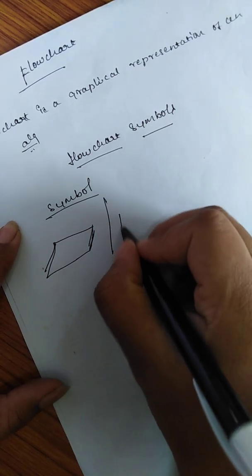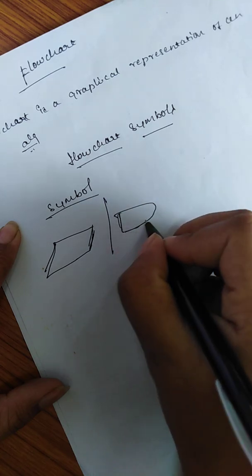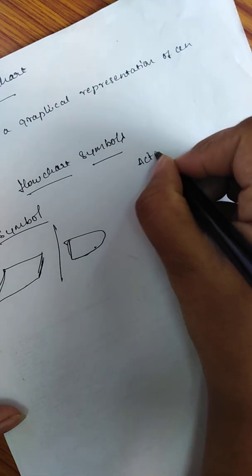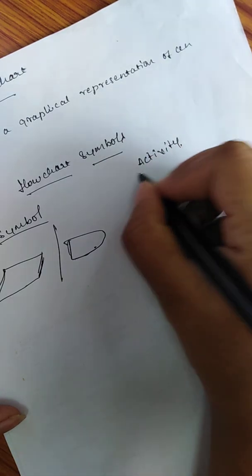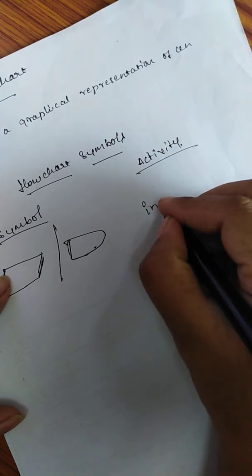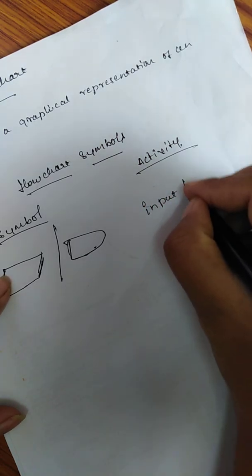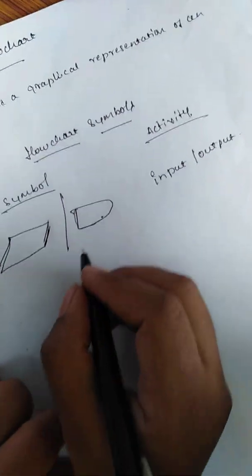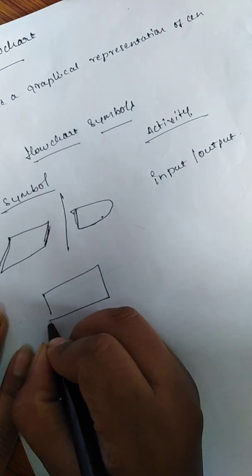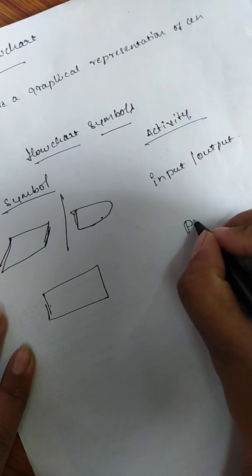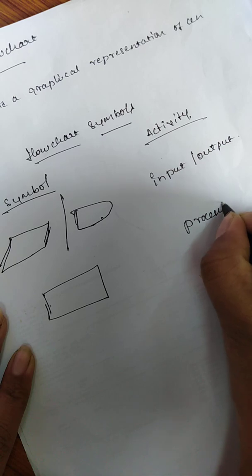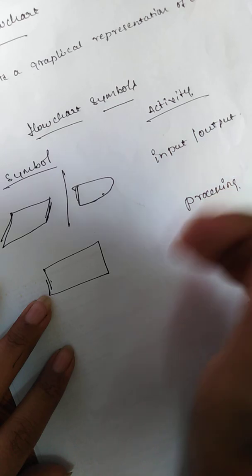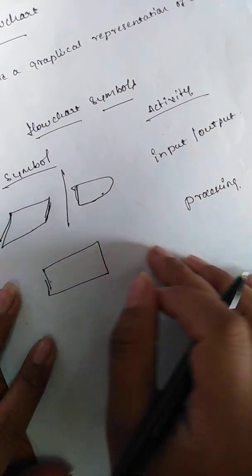This type of symbols we can use, and this is the activity we can do with each symbol. This one is the input, this one is the output symbol in a flowchart. The rectangular box means processing. Whatever program we process, at processing time we use the rectangular symbol.